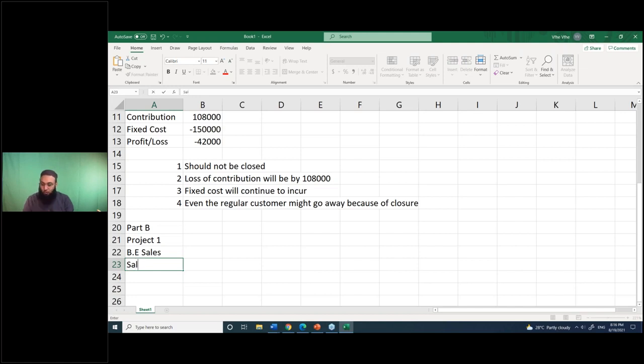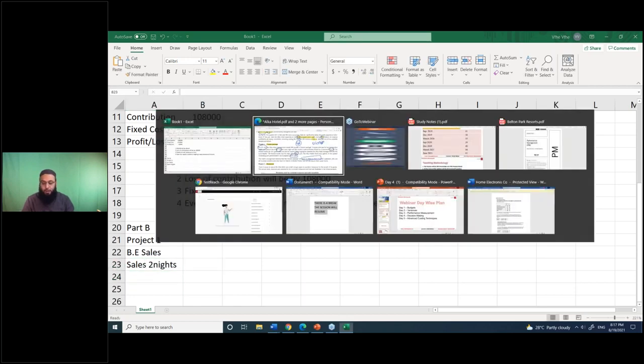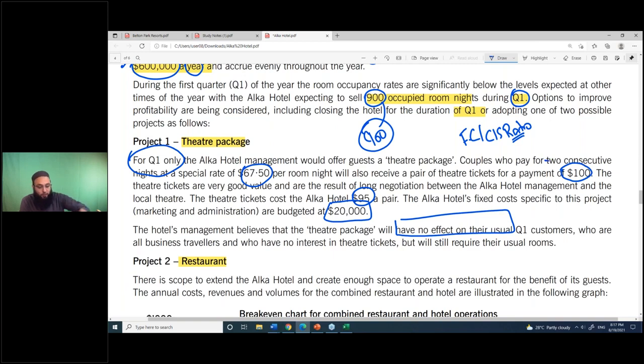So first I'll see sales for 2 nights. Why am I saying 2 nights? Because it's a package deal, couples who pay for 2 consecutive nights, so you have to keep this in mind.